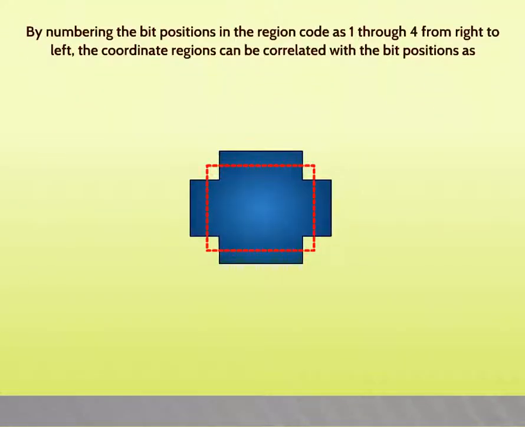By numbering the bit positions in the region code as 1 through 4 from right to left, the coordinate regions can be correlated with the bit positions as bit 1 left, bit 2 right, bit 3 below, bit 4 above.